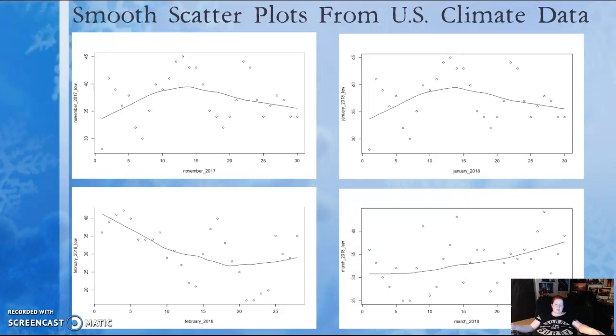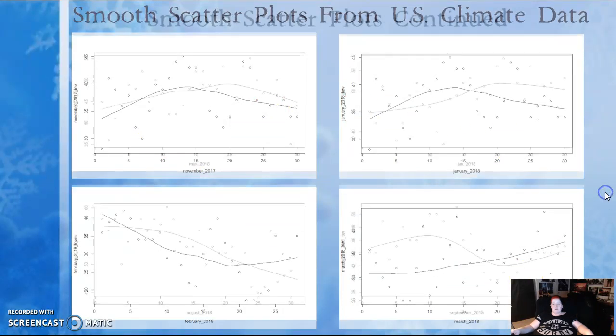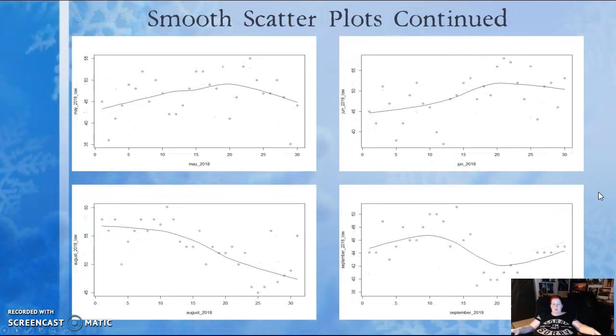There were months missing. So I've got November of 2017 and then January, February, and March of 2018 on this page. And then I have May, June, August, and September. Those are the only months that I was able to gather information from.